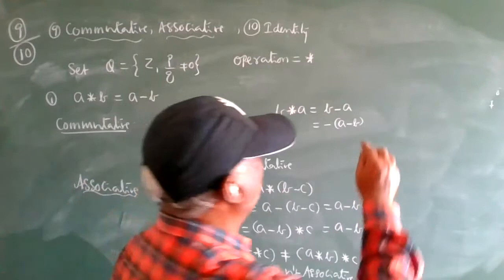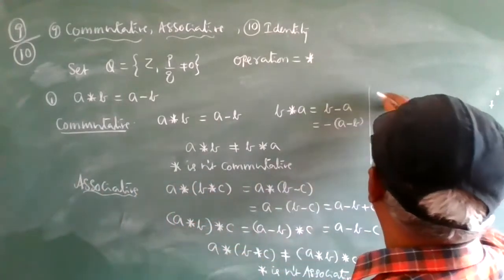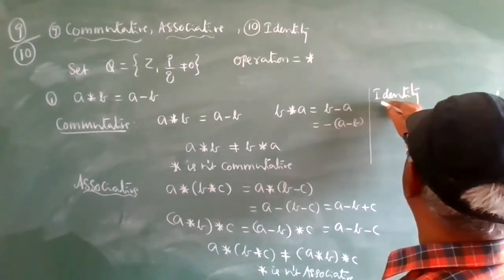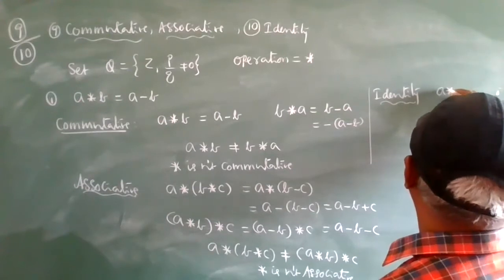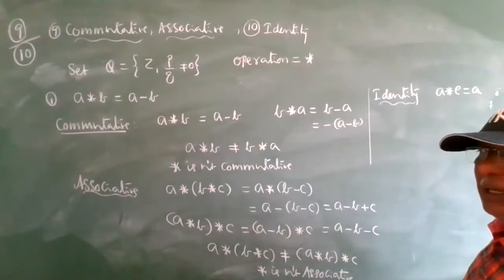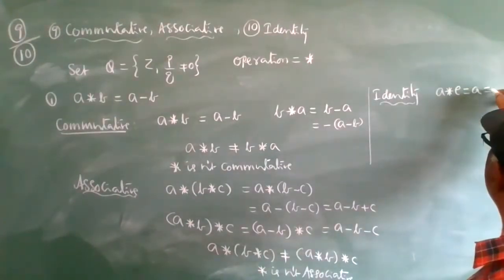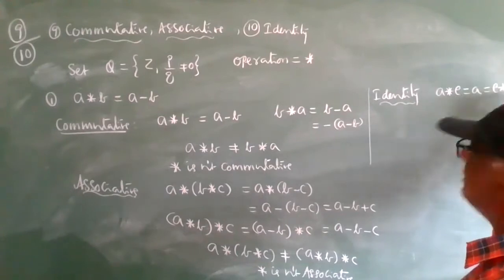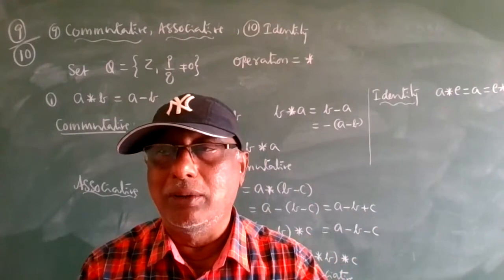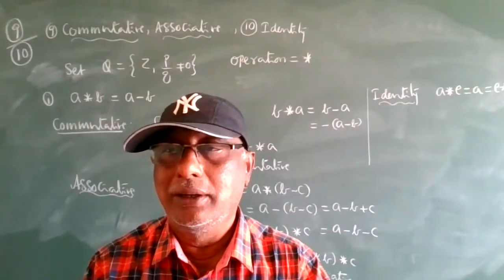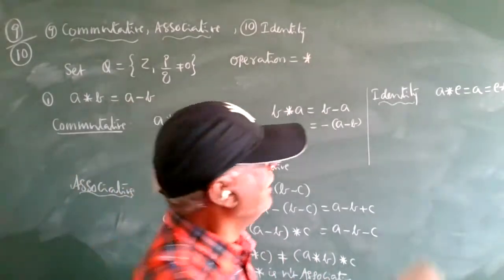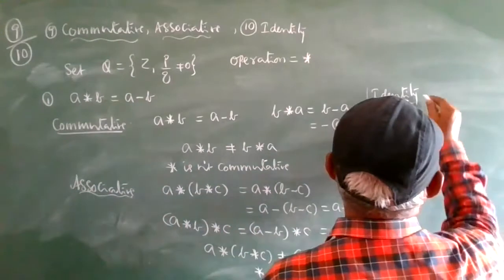Identity. I will check the same problem. What is the identity? A star E is equal to A is equal to E star A. Okay, I will write it clearly.